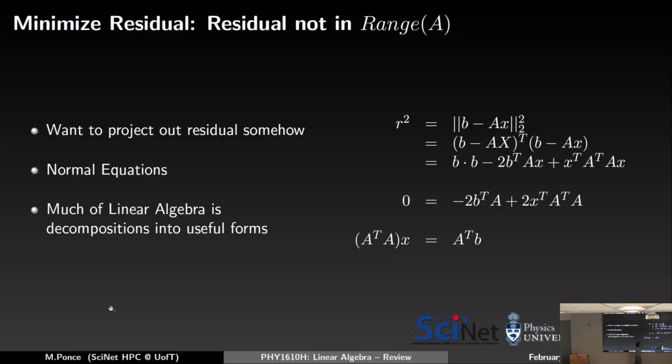In this particular case, it can be written as (B minus AX) transpose times (B minus AX). If you do some algebra, you end up with an equation that can be rewritten by taking the extra 2 away and putting one term on the other side, and you end up with an operation which is called the normal equation.